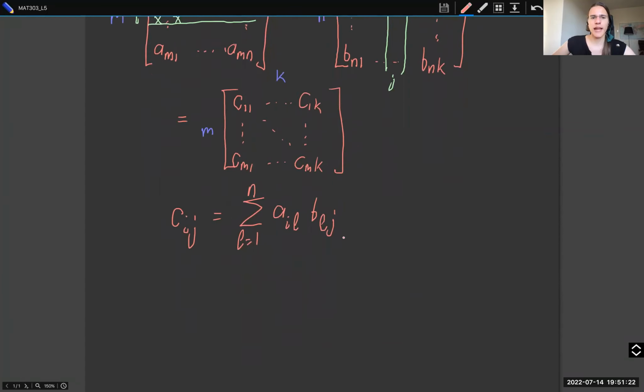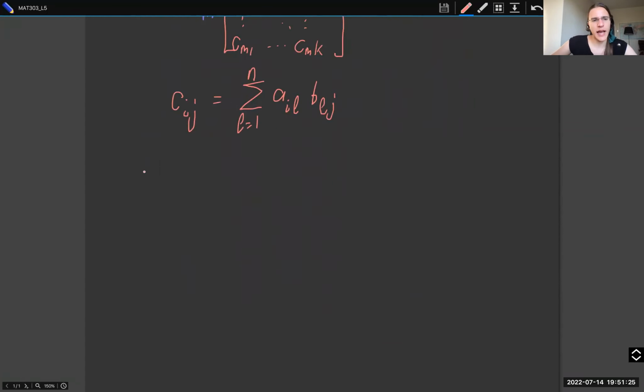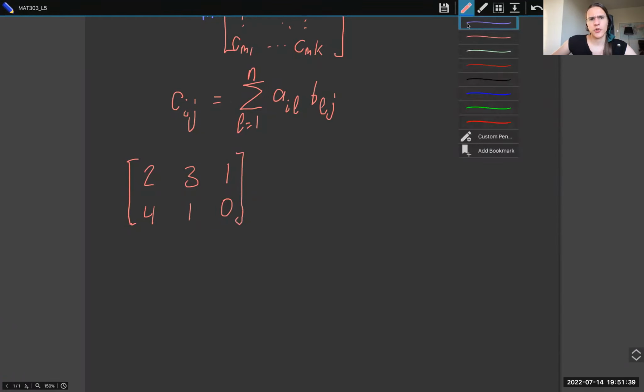So I'm just going to write down a random matrix. So let's say we have 2, 3, 1, 4, 1, 0. So this is a 2 by 3 matrix. And so we can multiply it by a 3 by something matrix.